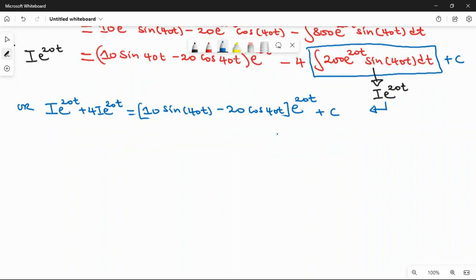Now, on the left, that will be 5I exponential 20t is equal to what you have on the right-hand side. That is 10, no, there's no exponential, 10 sine 40t minus 20 cosine of 40t.